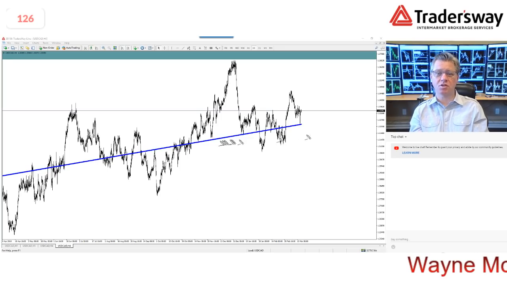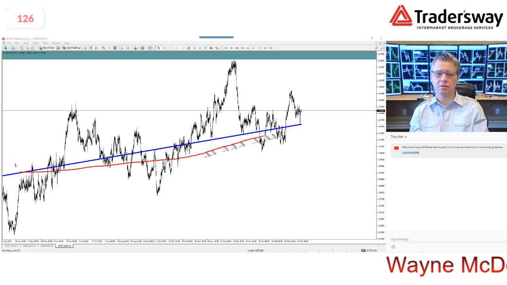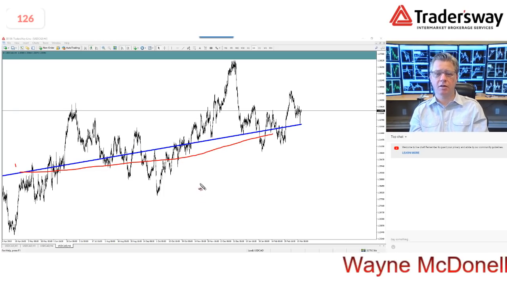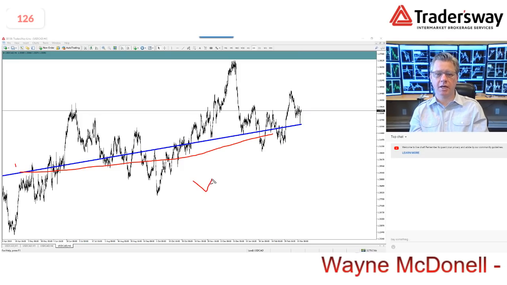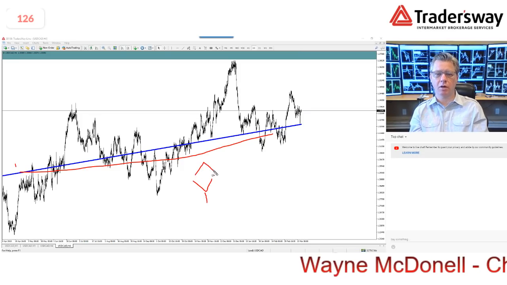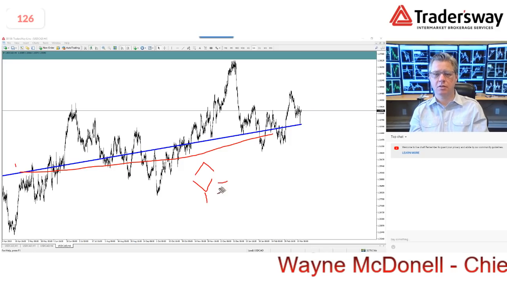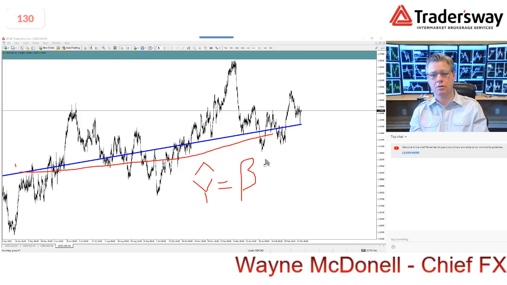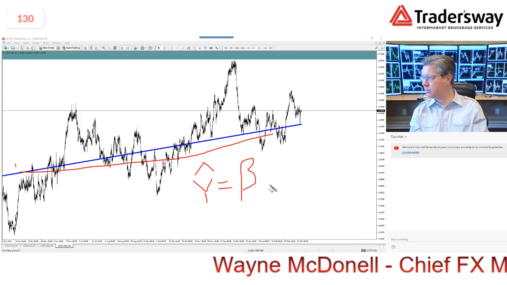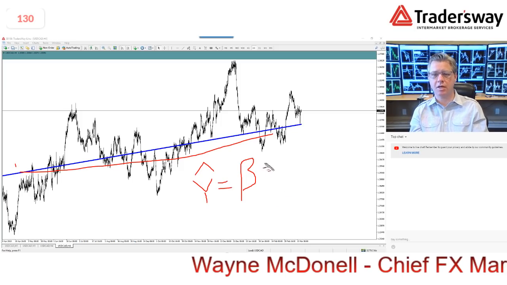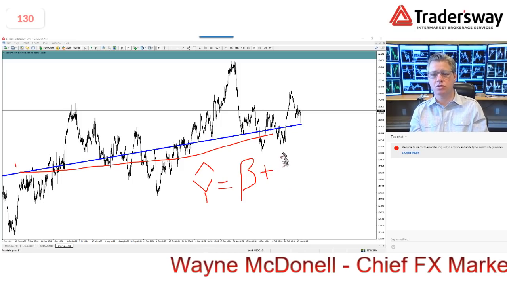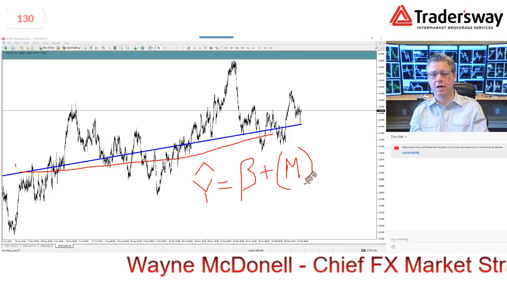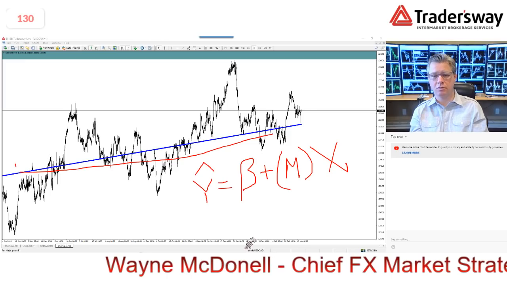So to do the regression, I'm actually doing the math on this. I haven't done it in a couple of weeks because it's spring break, but this is called Y hat, which is equal to beta plus the slope, we'll call that M, times the X variable.